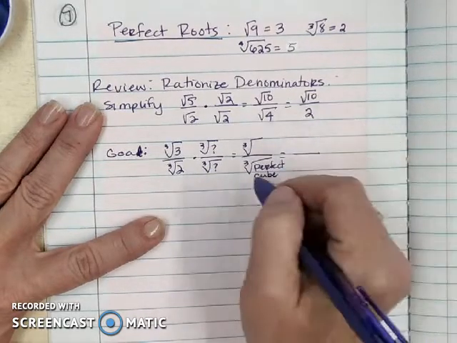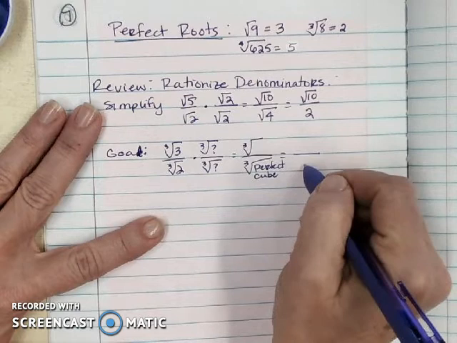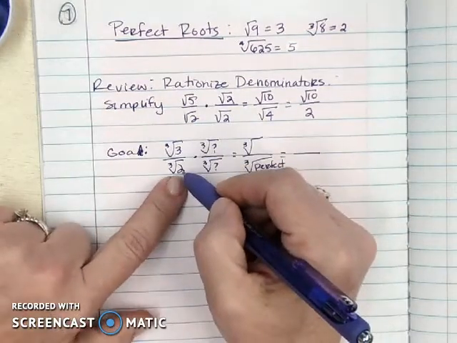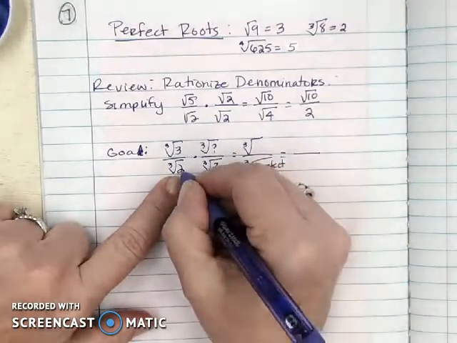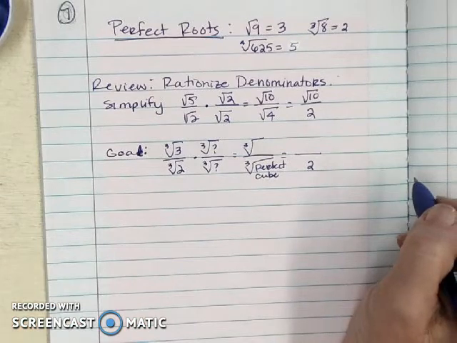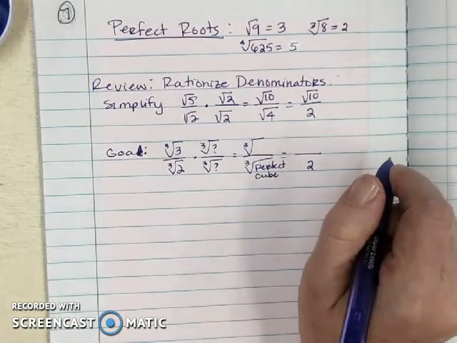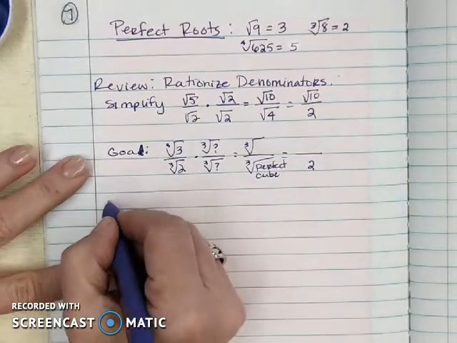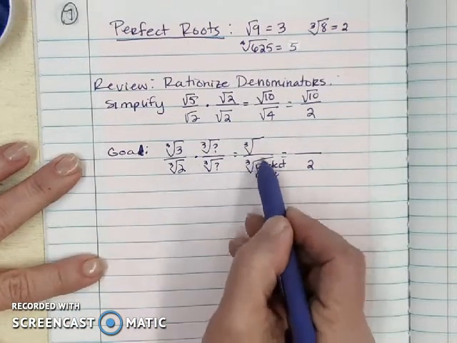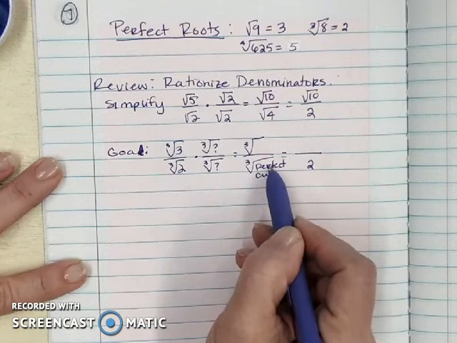If you do it correctly, whatever this number is, you're going to end up with that number. It's magic. So here's what I want us to practice first: knowing what you've got to multiply here to get that perfect root, whatever it is that you need.